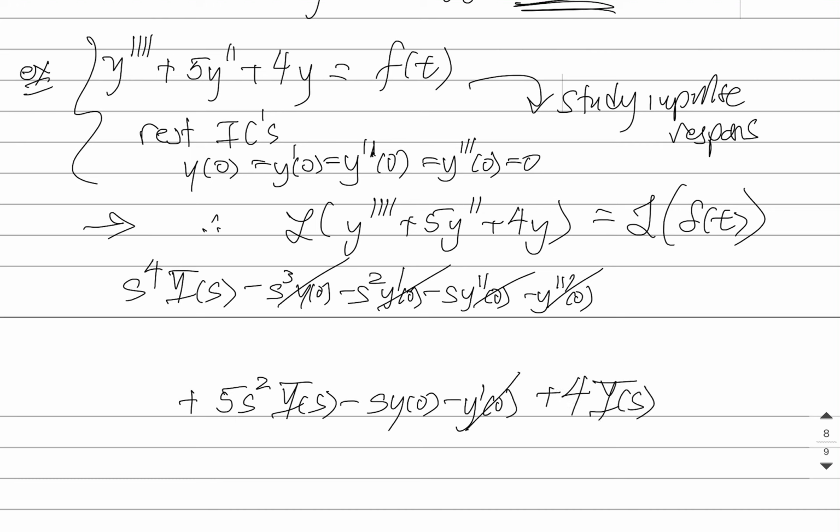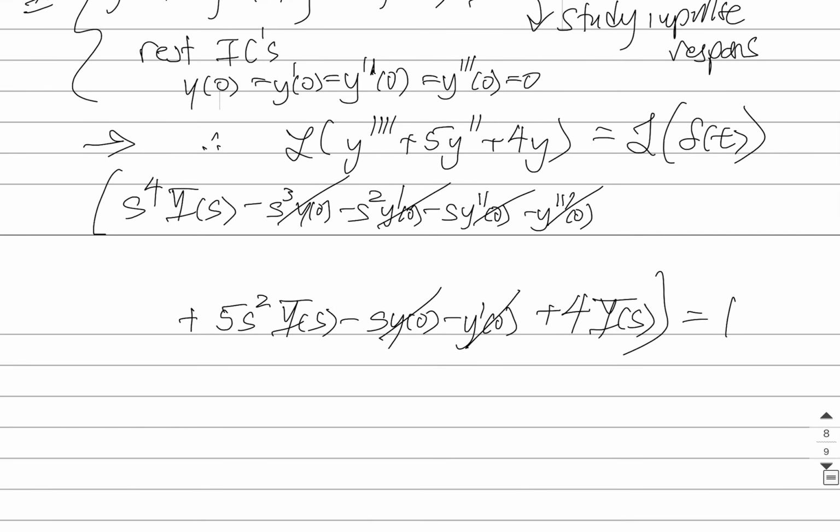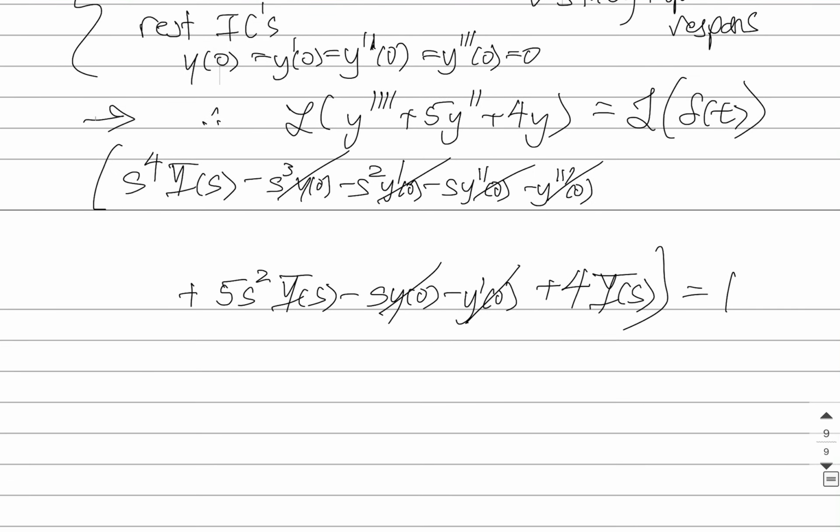Again, without the rest initial conditions, this would be a nightmare. But that's why we take advantage of linearity. We split the problem up. We always create rest initial conditions so that we can always take these techniques and solve them. This was a fourth order problem.